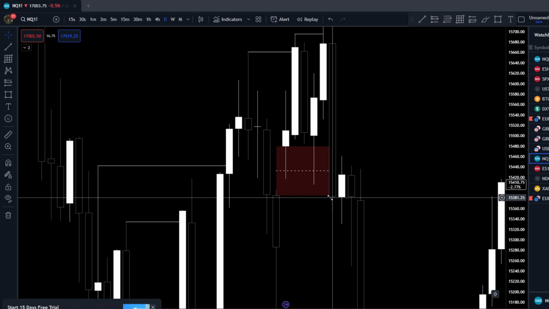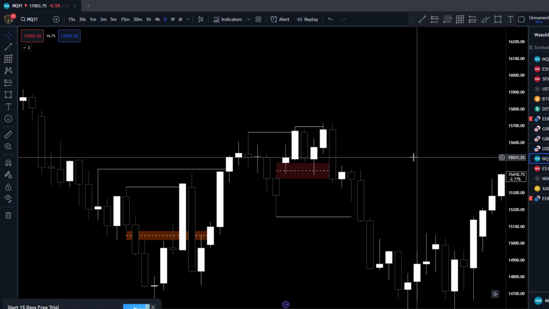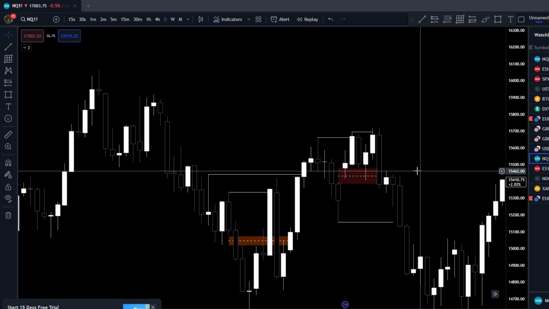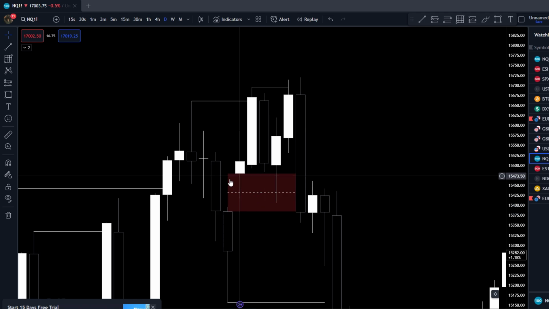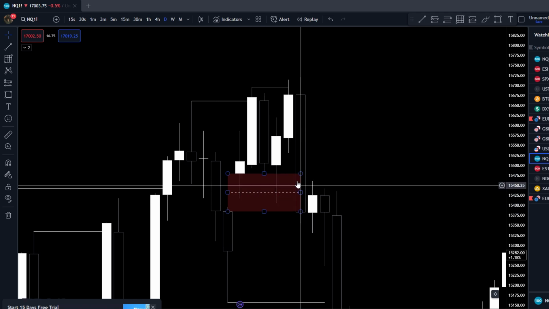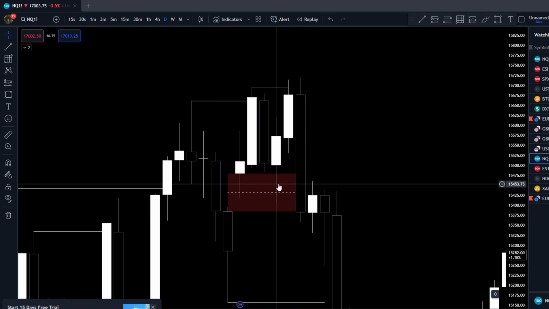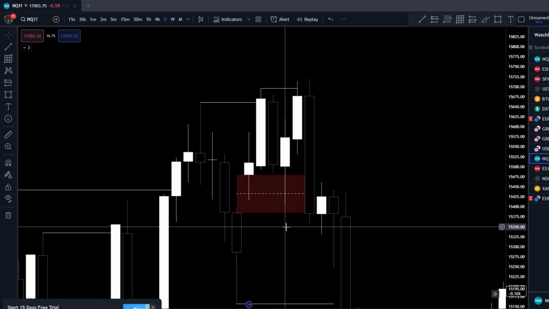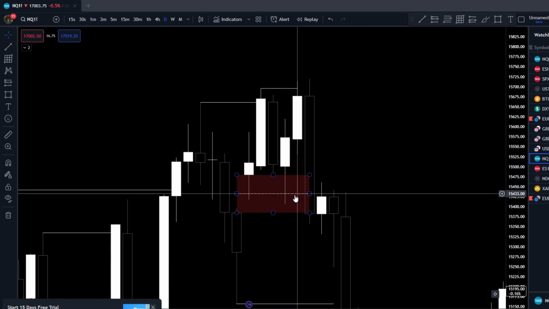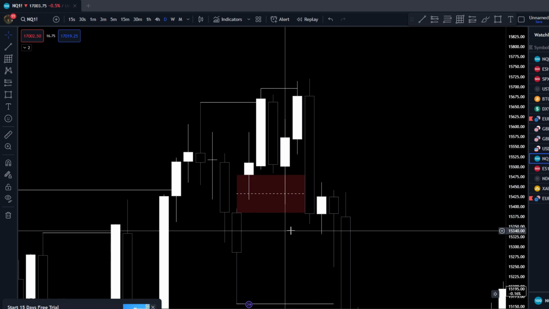This candle closed the body out of it, so it means the price disrespected it. In this situation, this is the inefficiency, right? We respect it. As you can see, there are only wicks here, not the bodies. Bodies are out of here, not below this. It's above, or even if it was inside, it shouldn't be below this inefficiency.